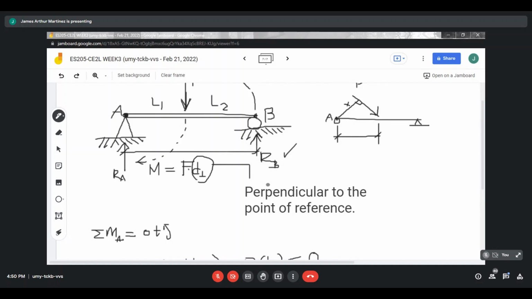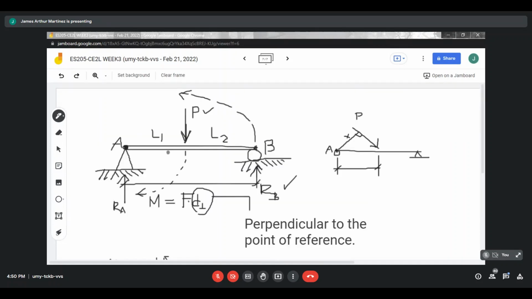So just practice solving moments and reactions, because we will be needing that, most especially in strength of materials.